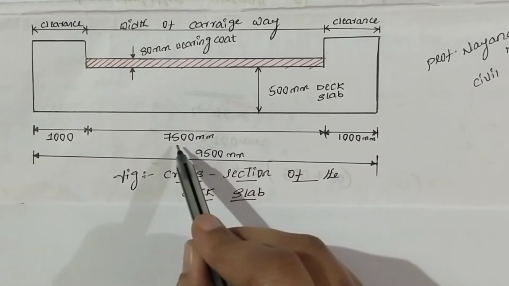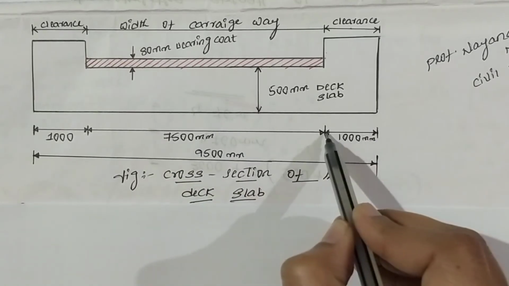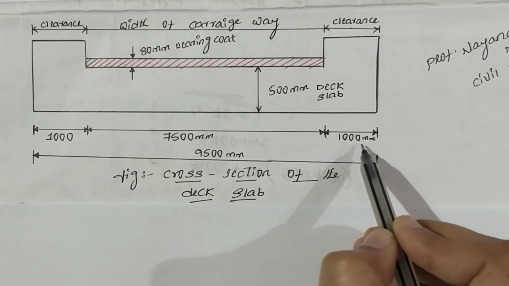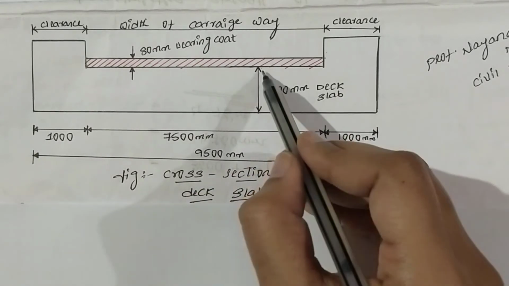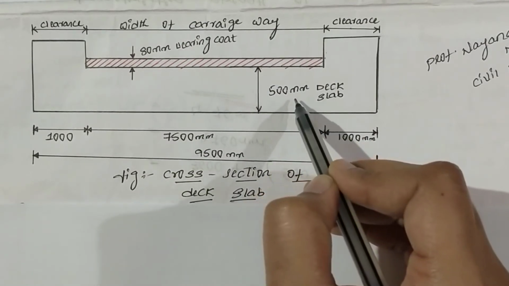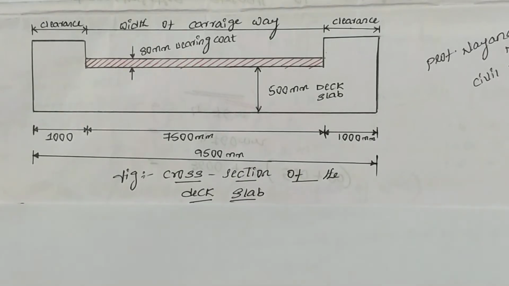In terms of mm, it is 7500 mm. And that is width of the footpath or the clearance they have given, that is 1 meter, it is 1000 mm. This will be the overall depth of the deck slab, that is 500 mm you have calculated. This is what your cross section of the deck slab.